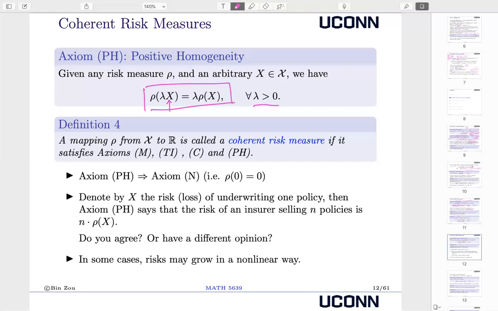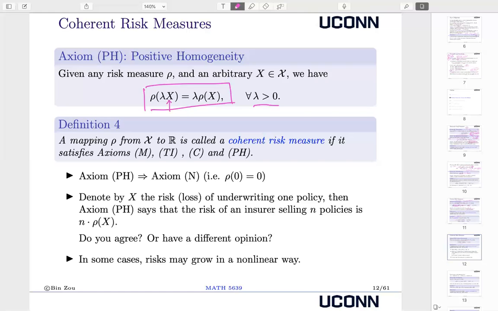You are at a much safer ground insuring 1 million policies, rather than just using 1 million times the risk of one, right? So for small lambda, maybe it makes perfect sense, but for a huge lambda, it's different, right?